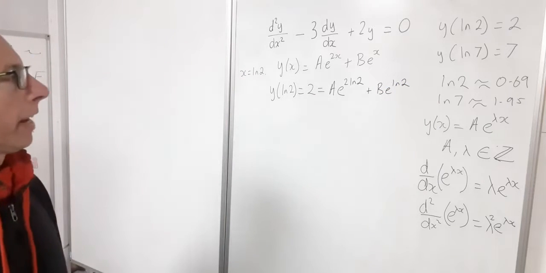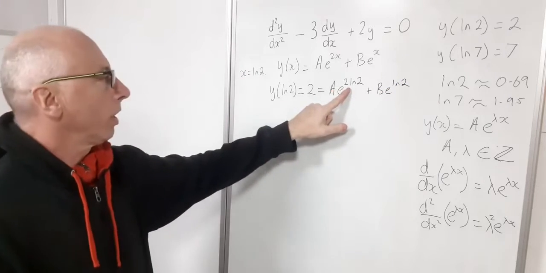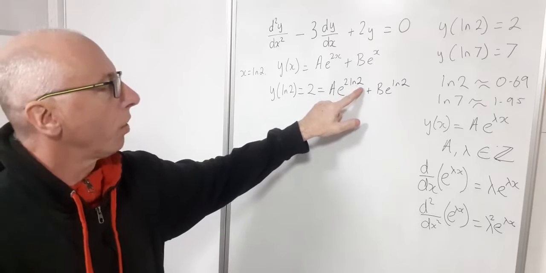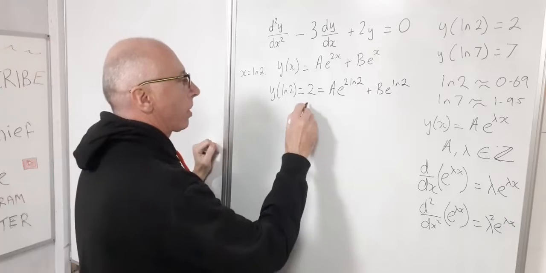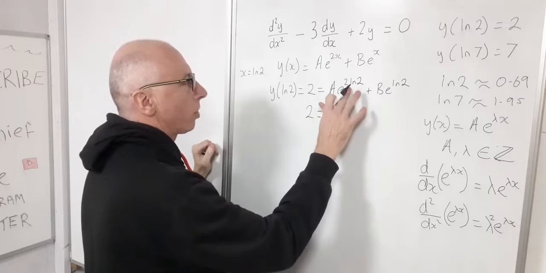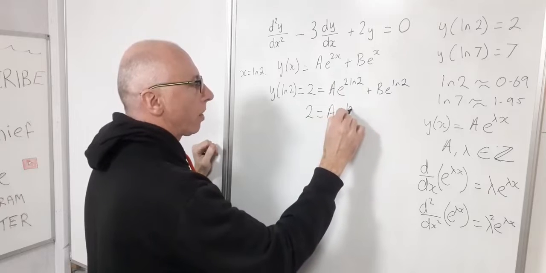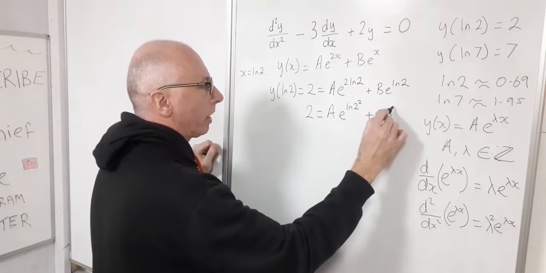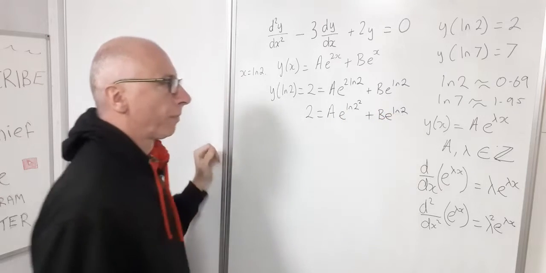Okay, now using my product of my logs here, 2 ln 2 is just the same as the log of 2 squared. So let's bring this down with that written in there. E to the 2 will come up to the top there. So I've got e to the ln of 2 squared plus b e to the ln of 2.